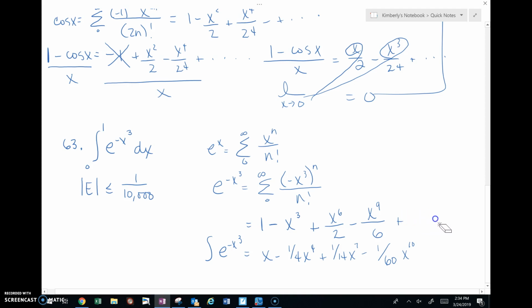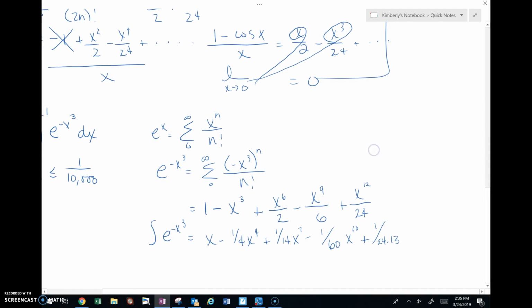So what I'm going to do right here is just continue to add some terms. So this is going to be x to the 12th divided by 4 factorial, which is 24. And then when I get to here, I'm going to have 1 over 24 times 13, which I'm going to go to my calculator. 24 times 13, and I'm really waiting to get to 10,000, is 312, so not there yet. So then I'm going to add another term up here, x to the 15th over 5 factorial, which will be 120.